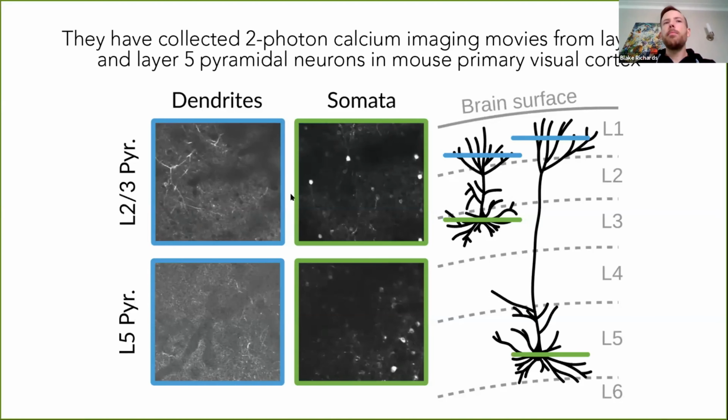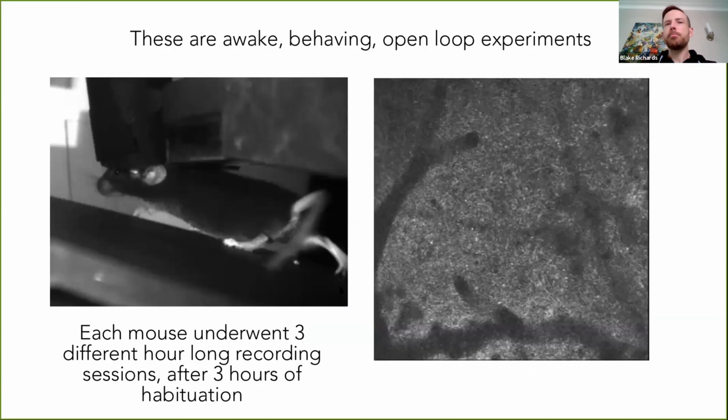And then furthermore, they recorded both in the dendrites, the distal apical dendrites in layer 1, and at the cell body layers in layer 2, 3 and layer 5. So basically we have 4 different imaging conditions here in these experiments.